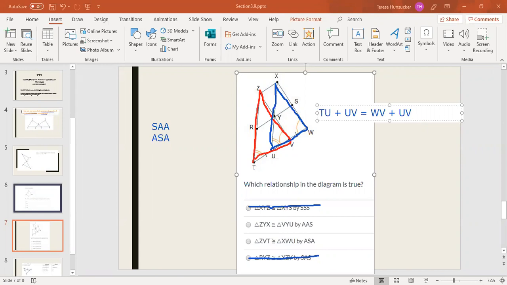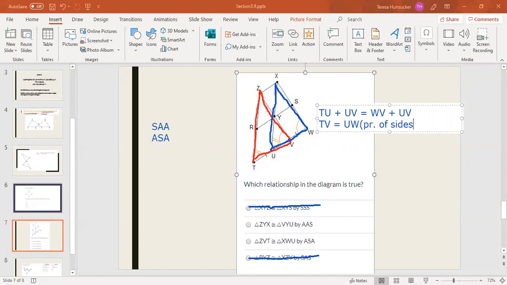And if you look at TU plus UV, that's the whole side, TV. And then the smaller parts of the segment, WV plus UV, make up the entire blue base there, UW. All right. And if UW equals TV, that's a pair of sides in the red and blue triangles.